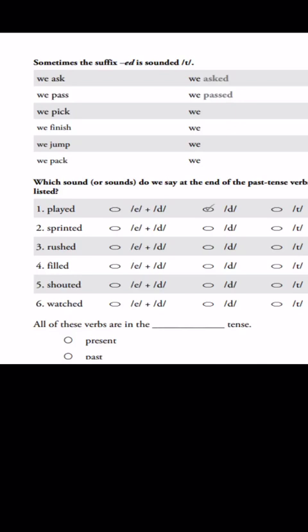And there's a very last question there. All of these verbs are in the blank tense. Present, past, or future. You're going to bubble in whichever answer you think is correct. Okay, you can pause this video, complete these workbook pages now, or you can go ahead and do it at the end, up to you.